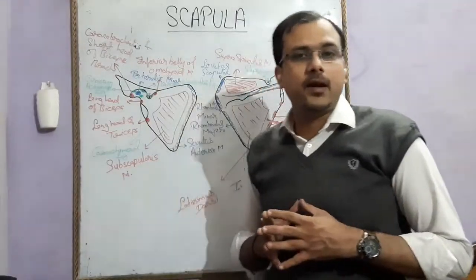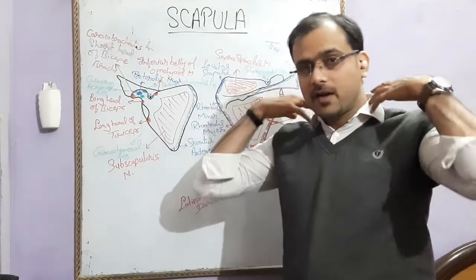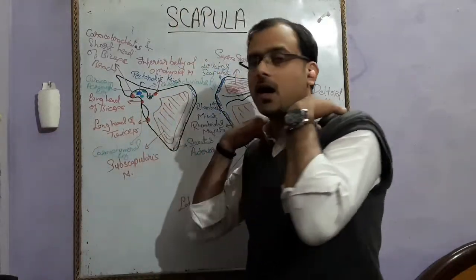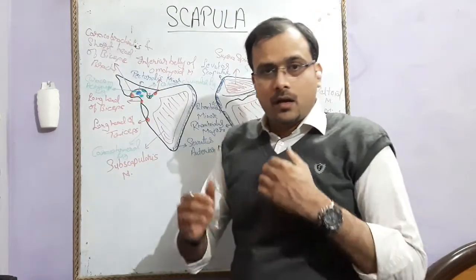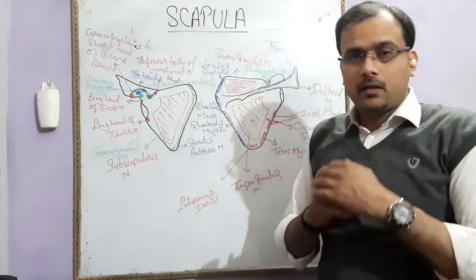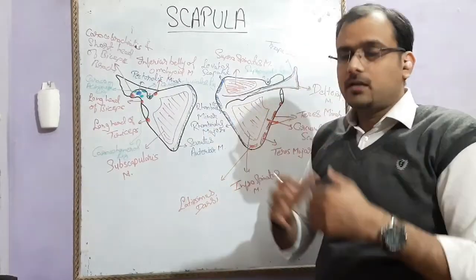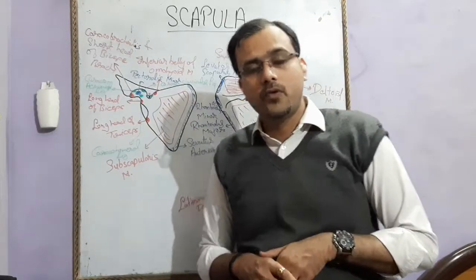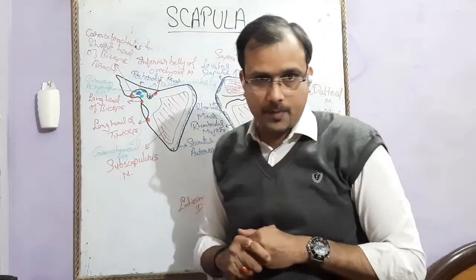During development, both scapulae develop in the region of the neck. During further development, the scapula reaches the normal position by the process of descent of the scapula.